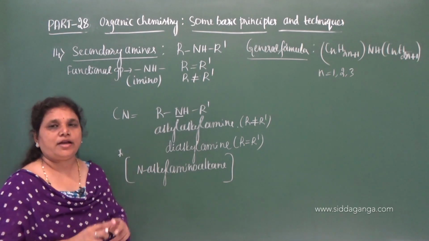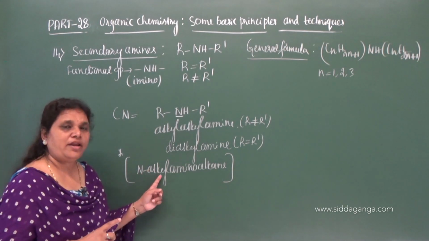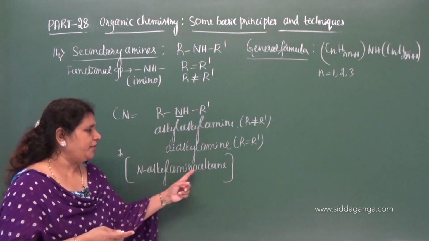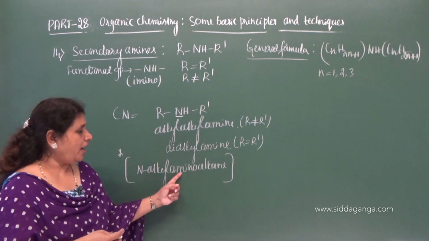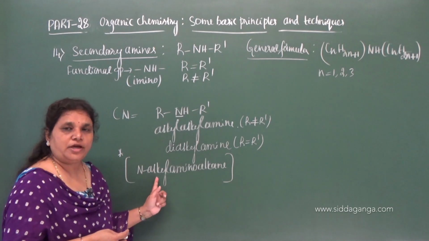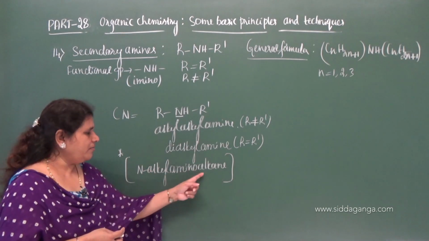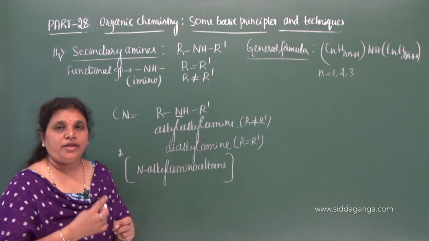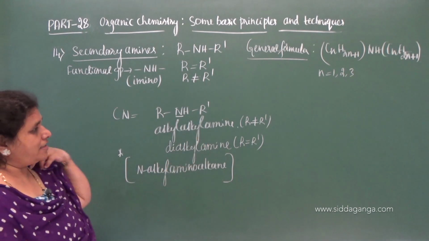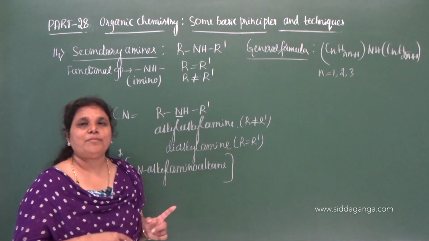Out of the two alkyl groups, one is a prefix and the other is the root word to the alkane. In between you write amino. Instead of representing NH as amine, you write it as amino.